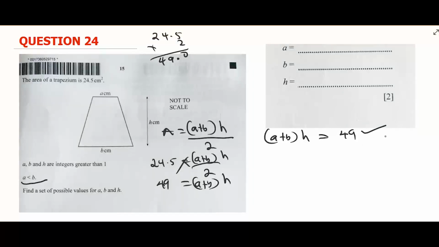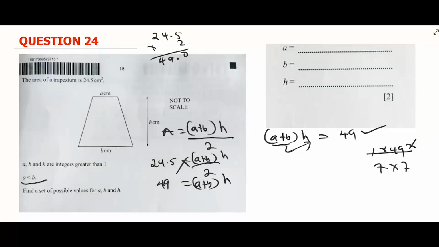So we need numbers that multiply, two numbers, that is A plus B, that is one number, then H is another number. So these two numbers must multiply together and give what? 49. So we have 1 times 49 to give 49, and we have 7 times 7. Fine. So of course 1 times 49 is out because none of these values could be 1.